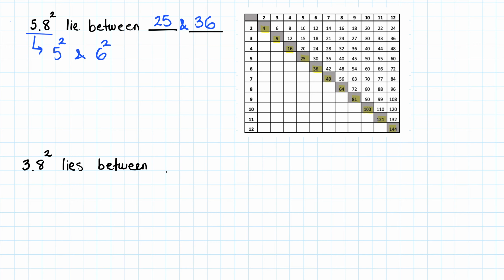So we're going to use the same logic. 3.8, I know that is between 3 and 4. What is 3 squared and what is 4 squared? 3 squared is 9 and 4 squared is 16. Therefore, 3.8 squared has to be between 9 and 16.